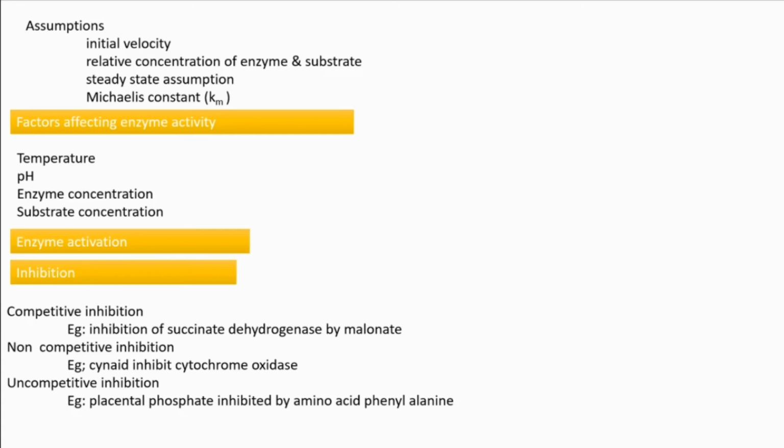Examples for all types of inhibition are very important, otherwise you will lose your marks. You need to cite one example. Here, for uncompetitive inhibition, the example is the inhibition of placental phosphatase by an amino acid. Which amino acid? Phenylalanine. Phenylalanine inhibits the action of placental phosphatase.